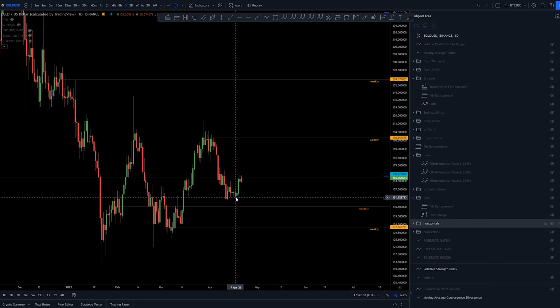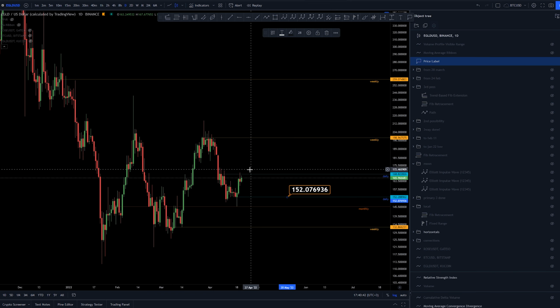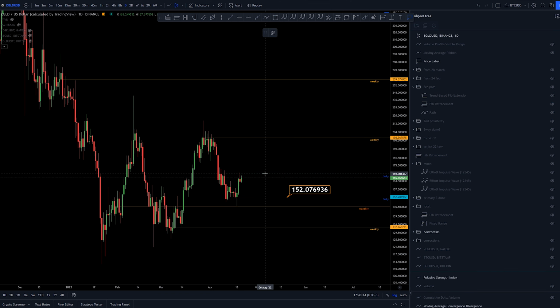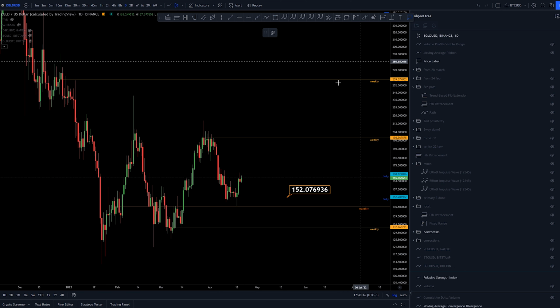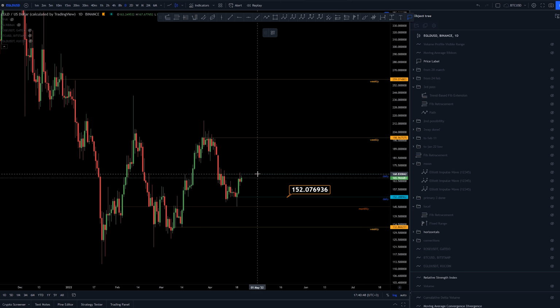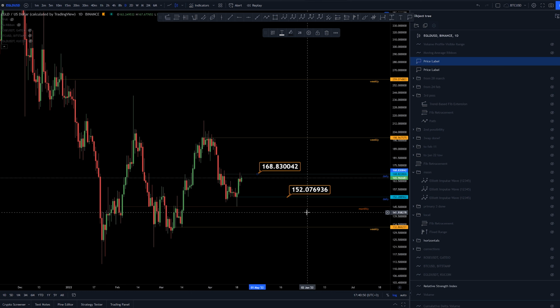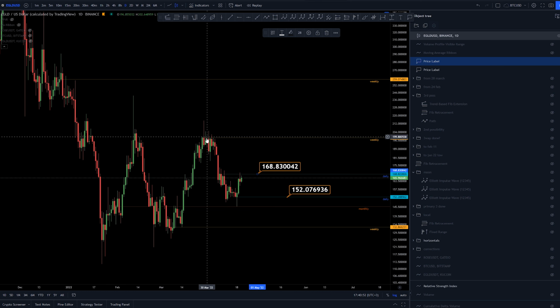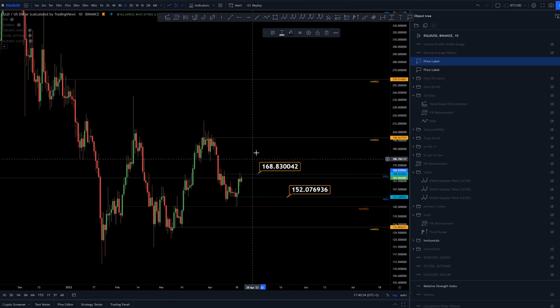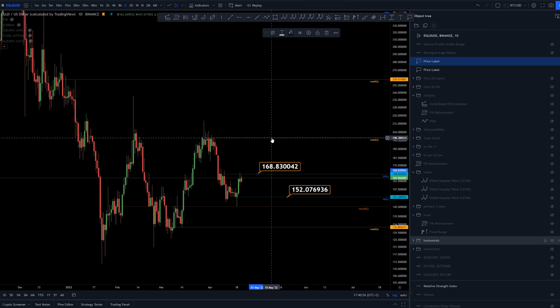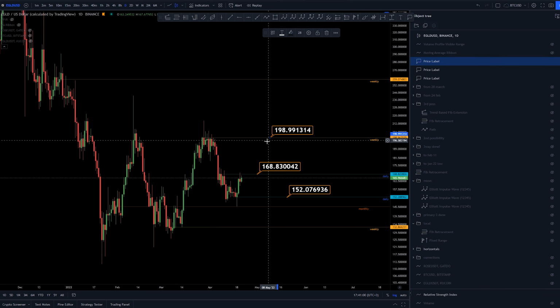We established another daily here at around $152, and now again just bonking our heads to another resistance level of another daily at 168. Beyond that, if we go through this level, I would be expecting another push to almost $200, where lies another weekly.